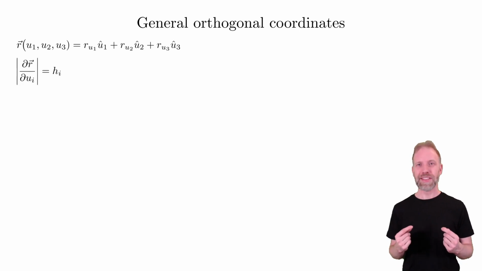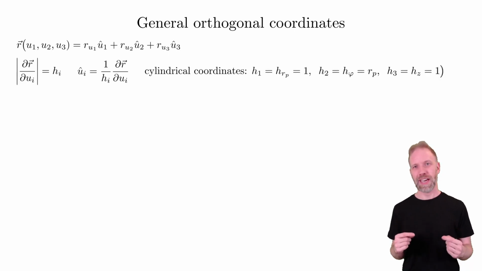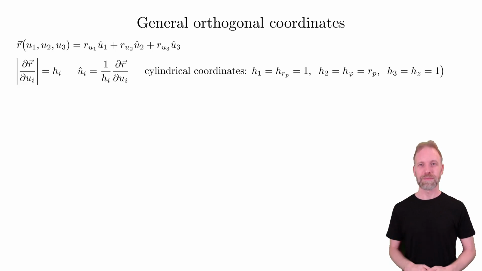We define the length of the partial derivative of the position vector with respect to ui as the scaling factor hi. And then define the unit vector ui hat as 1 over hi times the partial derivative with respect to ui. In cylindrical coordinates, we have hr is 1, h phi is rp, and hz is 1.